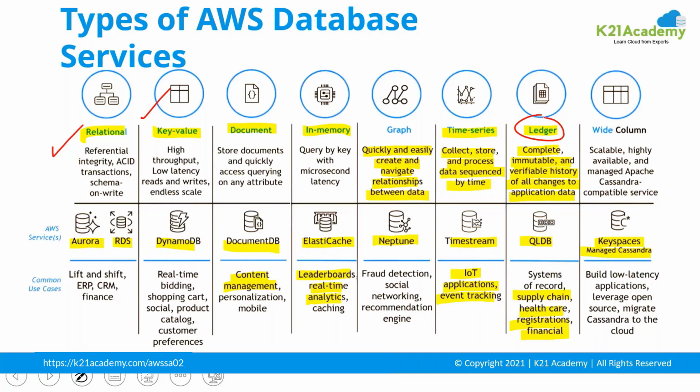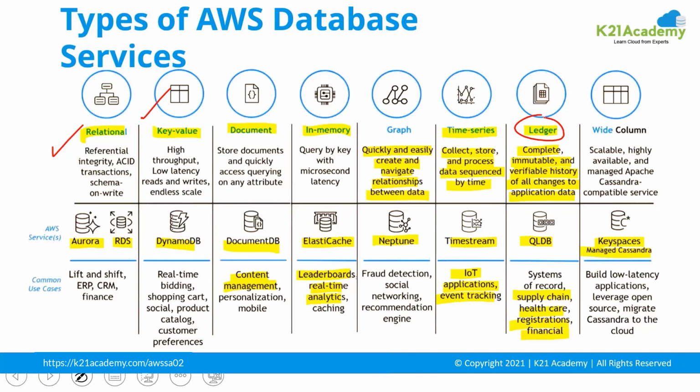So if you want to create such a database, it will be the Quantum Ledger Database, built by Amazon to provide a complete and cryptographically verifiable history of all the changes you have made on the application or on the data. Whatever changes you make are stored there and can be verified cryptographically.